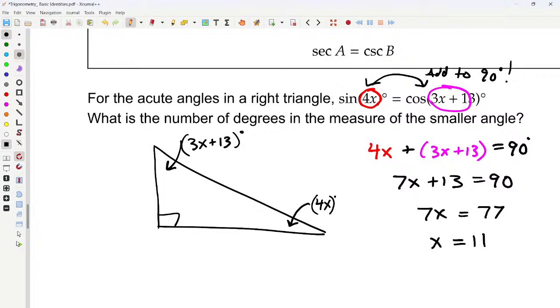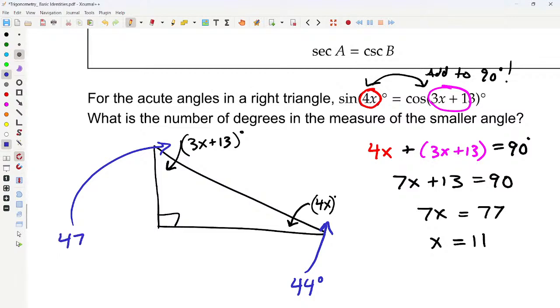This actually is 44 degrees. And subbing in the 11 right there, you'd have 33 plus 13, known as 47 degrees. The smaller angle is 44.